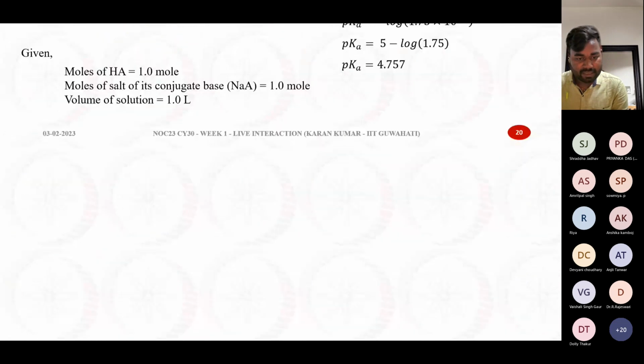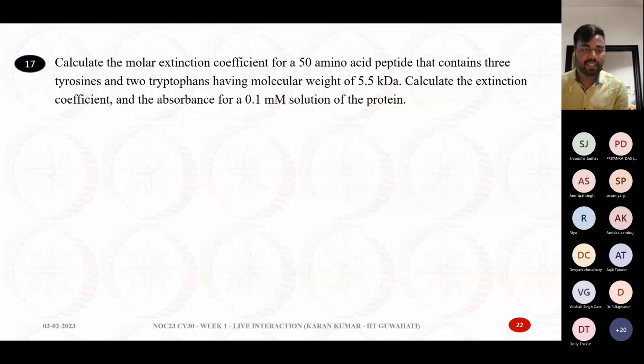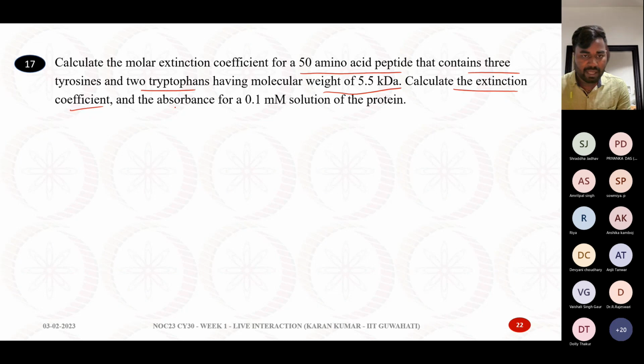Now, once that is done, we move forward to the next question. Calculate the molar extinction coefficient of a 50 amino acid peptide chain that contains 3 tyrosine and 2 tryptophan, and has a molecular weight of 5.5 kilodalton. Calculate the extinction coefficient and absorption for a 0.1 millimolar solution of protein.